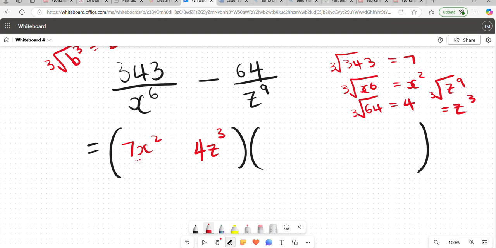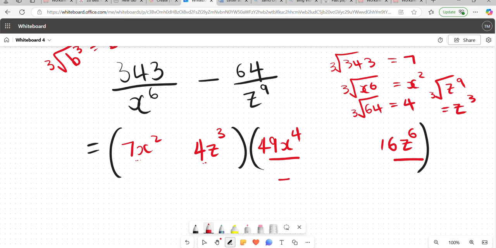I take this, I square it to get this, which is a 49x to the 4. I take this and I square it to get this last one, which is a 16z to the 6.